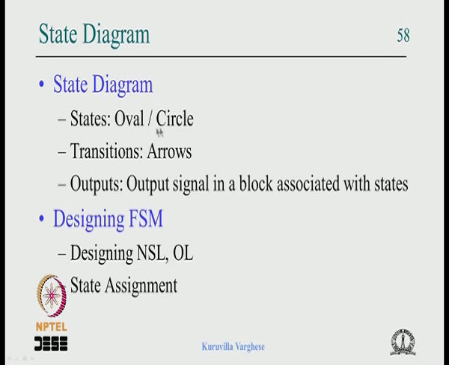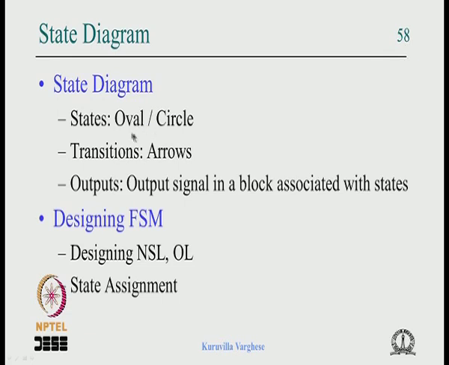That is what a state diagram captures. The states are represented as an oval or circle. Maybe oval is better because a proper circle is very difficult to draw, and we can write something within. Even if normal human beings draw a circle, you will end up with an oval.